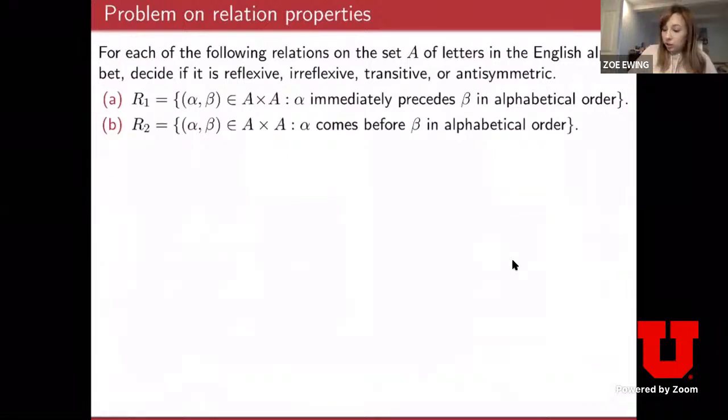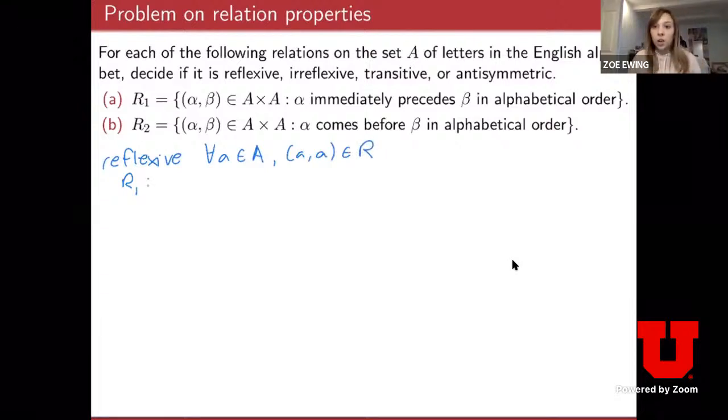So let's just start with reflexive and start with R1. And remember the definition of reflexive. Reflexive means that for every element A that's in the set, A is in the relation. Okay, so is R1 reflexive?